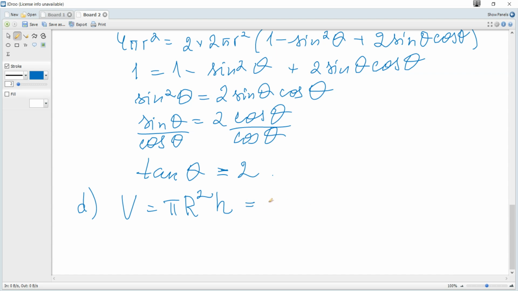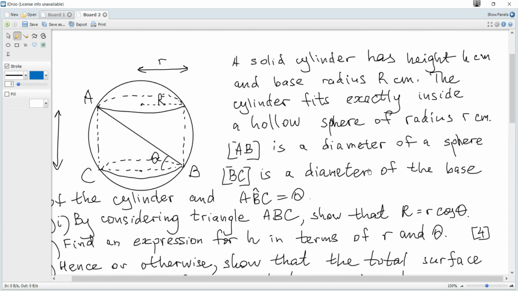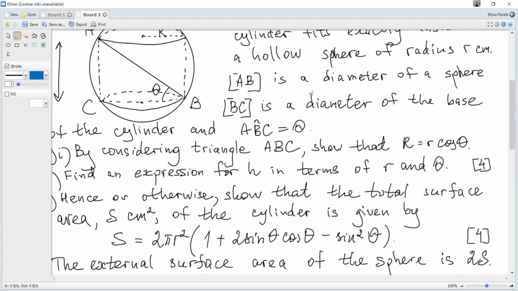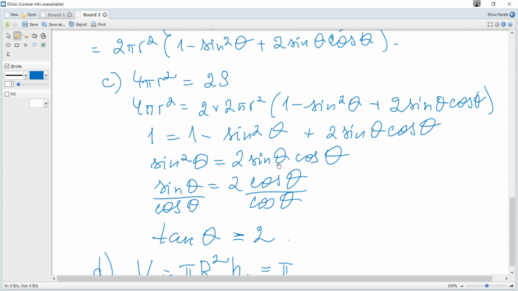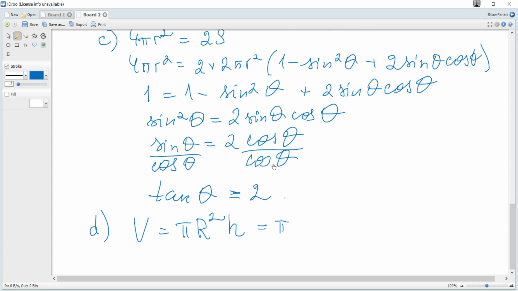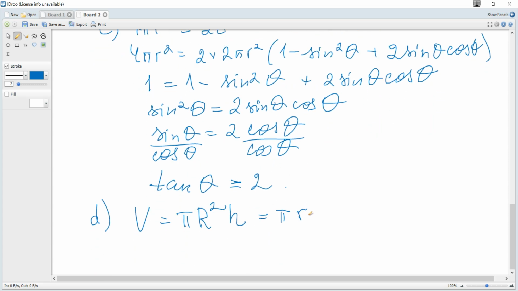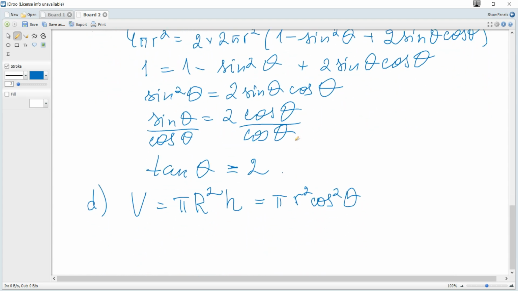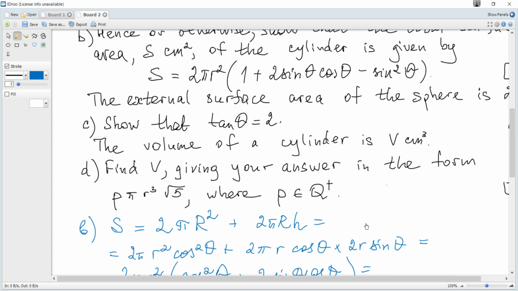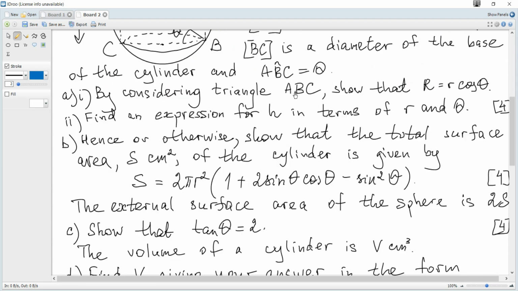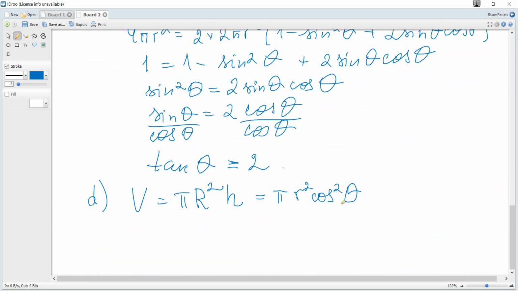Capital R is r cosine of theta, so capital R squared is r squared cosine squared of theta, and h is 2r sine of theta.